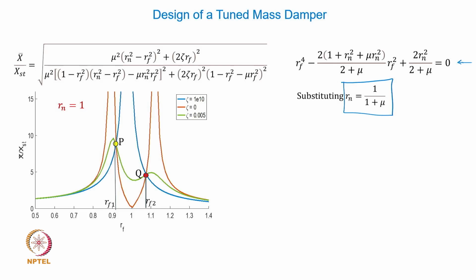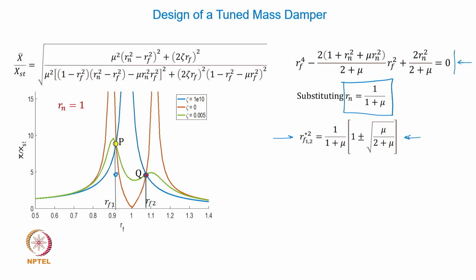Okay, because we have decided that we will have the xp and xq to be identical. So Rn is going to have a value of 1 over 1 plus mu. If you substitute Rn for this expression in the equation, which is this, you get the expression for the force frequency ratio RF to have these two possible values.